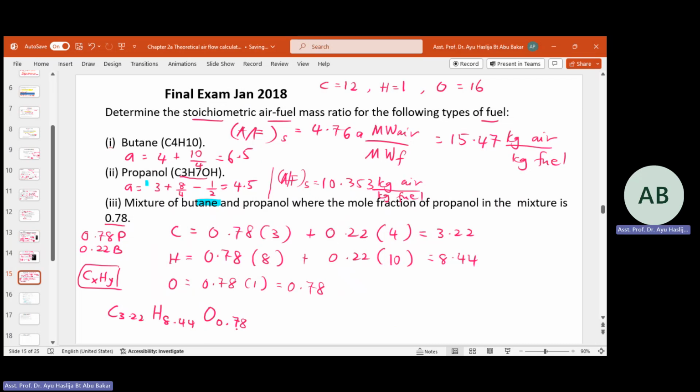Okay, so dari sini cari dia punya A. New A untuk the mixture.